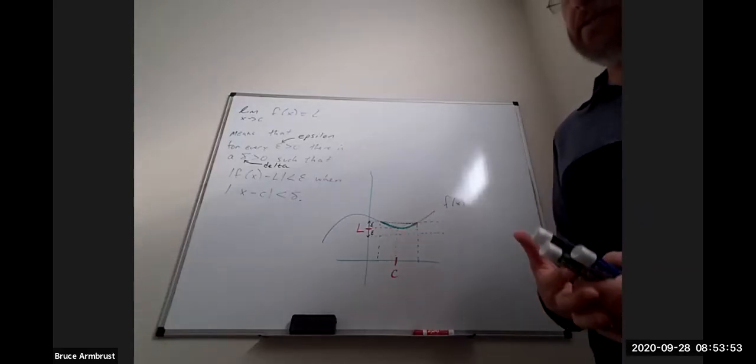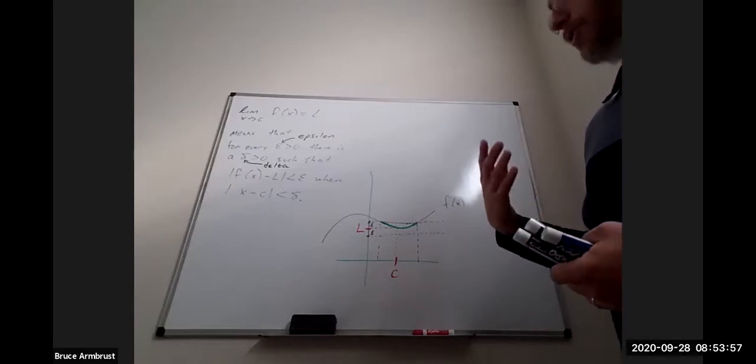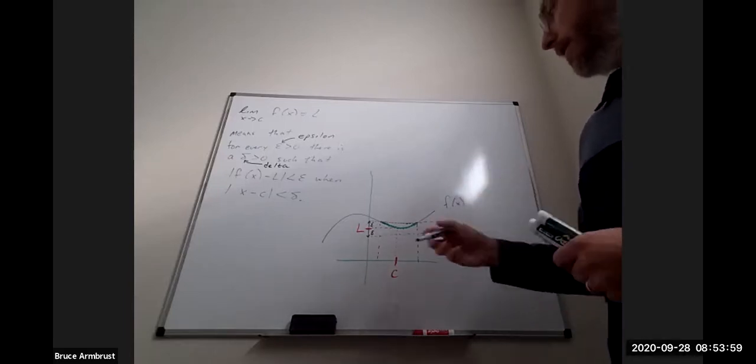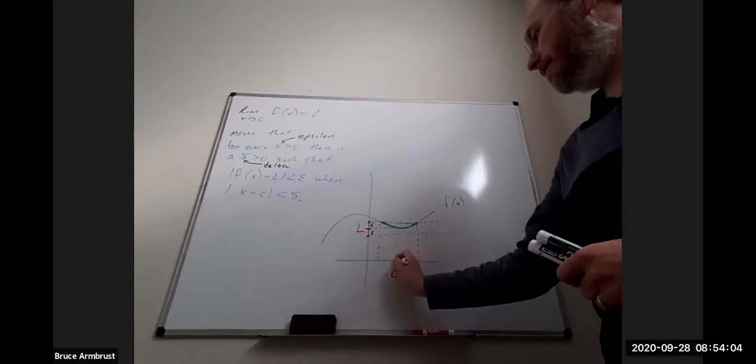Now, there are a lot of choices for delta, so I'm just going to show you one of them. Let's make it so that this is my delta. I'm going to go the same distance on either side.